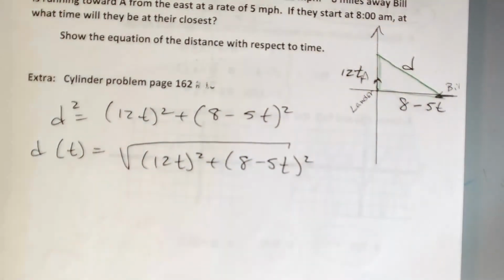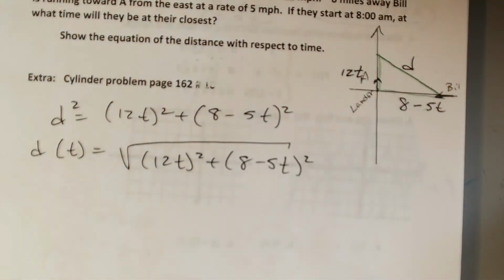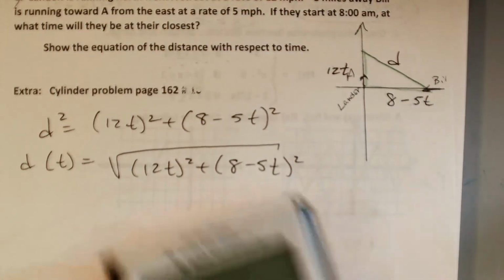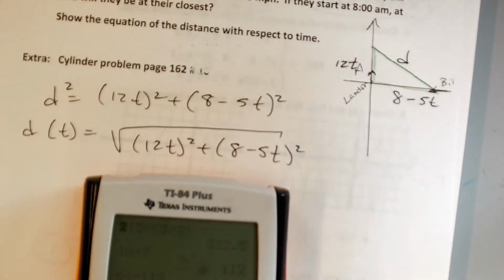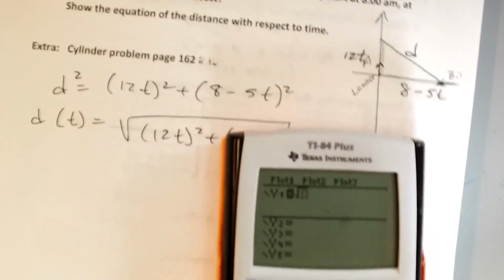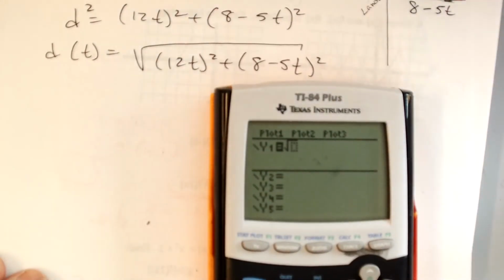Okay, now what I'm going to do is graph this. And so I'm going to get my calculator out, looking for my best graph. So I'm just going to go ahead and go on, clear, y equals, clear that. I'll go square root of, you can use decimals.